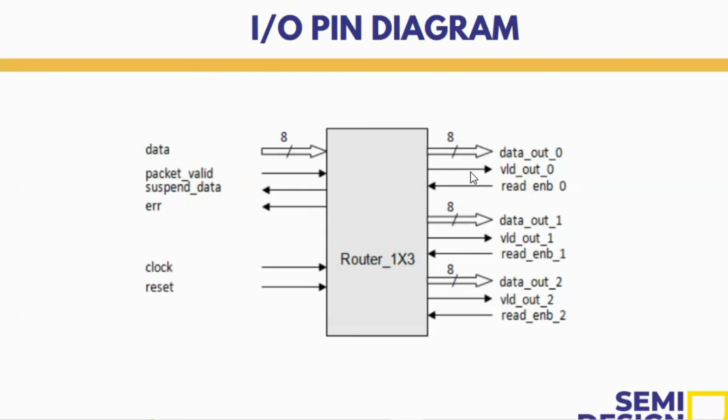If valid out is high, then the destination will ask for reading it, so read enable also will become high. Read enable is the input and valid out is the output. First valid out will be sent, and after that only read will be enabled. Because if there is no valid data in the router, then there is no purpose of reading the data, right? So these are the three basic signals in the output.